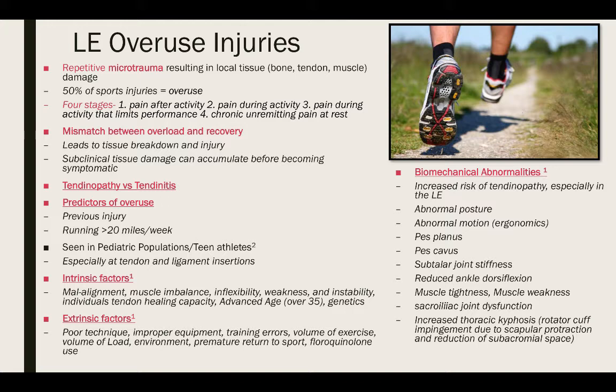And in lower extremity overuse injuries, there's a mismatch between what the overload is and the recovery, and this leads to breakdown. And when there's breakdown, those muscles and tendons and ligaments can't work and absorb tensions as they're supposed to. Next, we have tendinopathy versus tendonitis. And what's actually the differentiation between that is that a lot of overuse injuries have more tendinopathy.